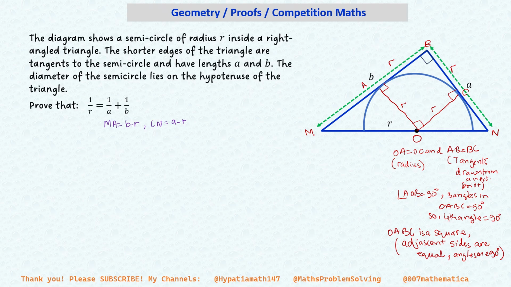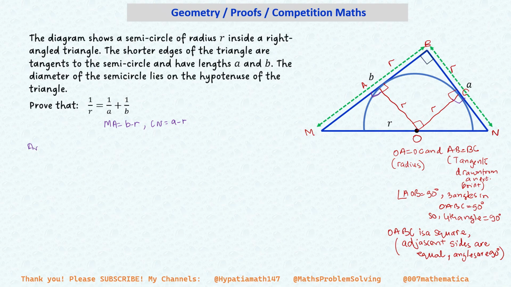So we now find the area of these three parts. We can easily do that because we have all of these as right angles. So area is half times base times height.